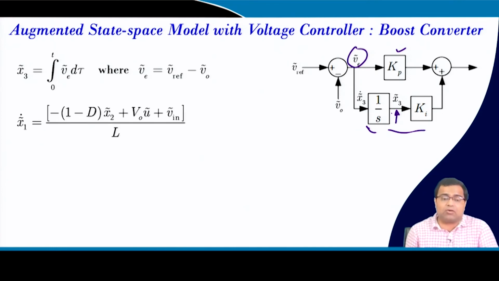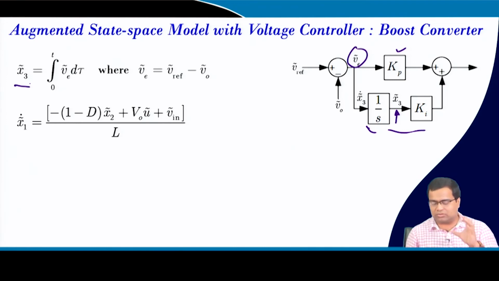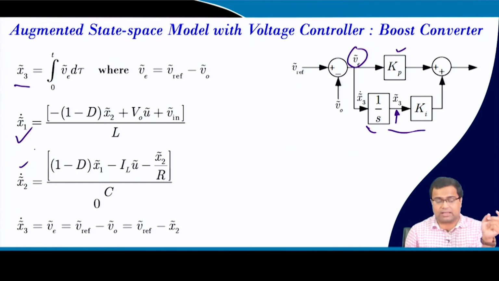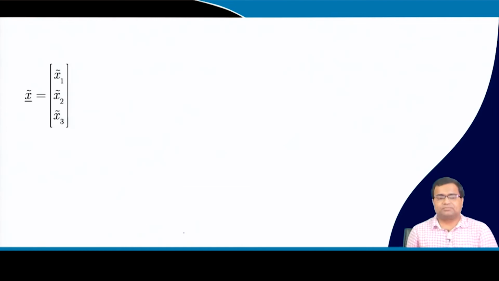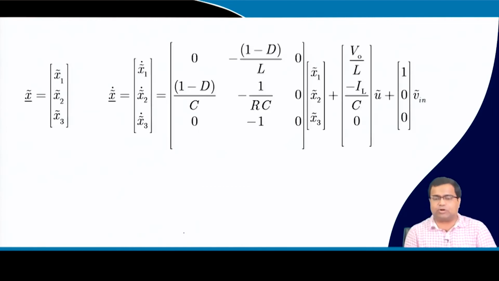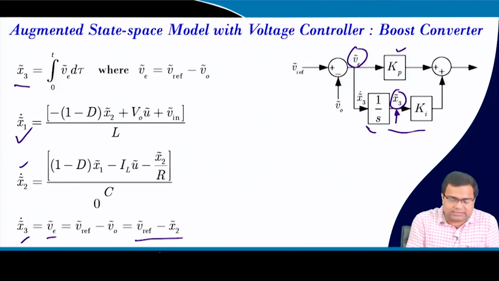So now we can write the third state. The first state and second state we have already discussed, and the third one is the augmented state, whose derivative is nothing but the error voltage, that is Vref minus x2 perturb. If we write the perturbed state space model, you will obtain this perturbed model, and in the last equation you also have a Vref perturbation term.